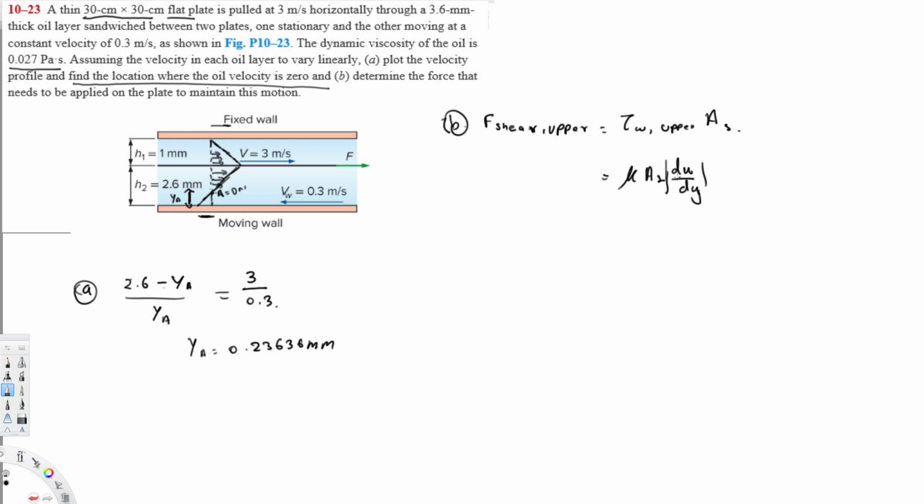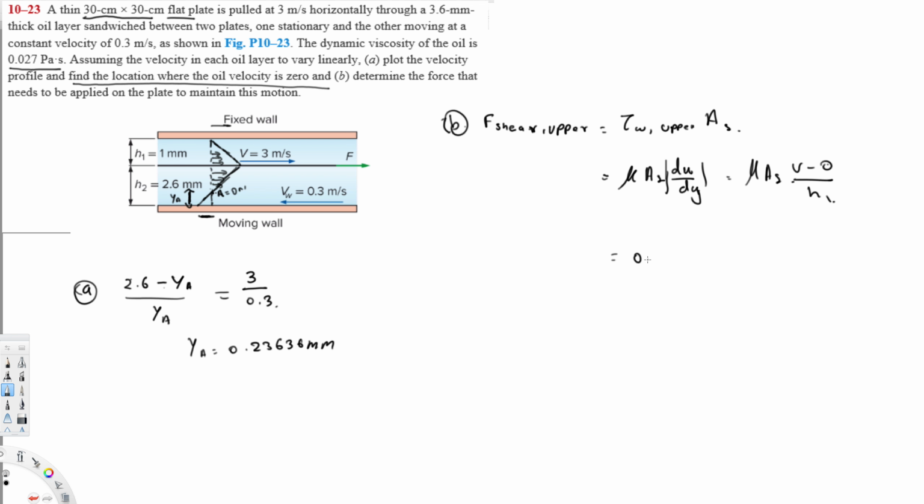So du is the velocity difference. In this case, the top is fixed, so it doesn't move, only this one is moving. So this is going to be 3 minus 0, so V minus 0 over h1. If we substitute all the values, the viscosity provided is 0.027 pascal second, or you can say Newton second per meter square, the same thing.